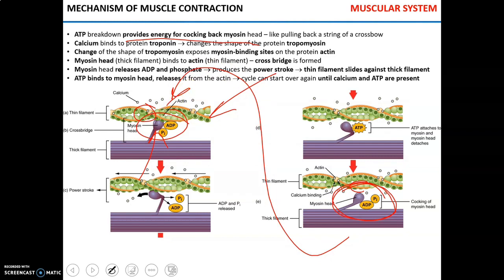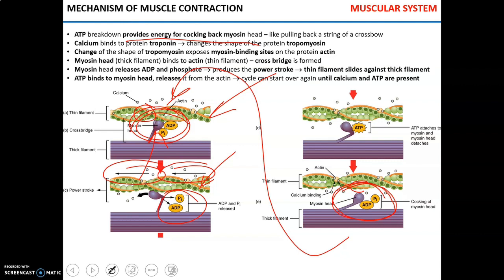So finally, myosin heads of the thick filament are bound to the actin. This structure right here is called a cross bridge. When the myosin head releases ADP and phosphate, it pulls the thin filament towards the center, towards the M line. This pulling effort of the myosin head moving the thin filament towards the M line is called a power stroke.